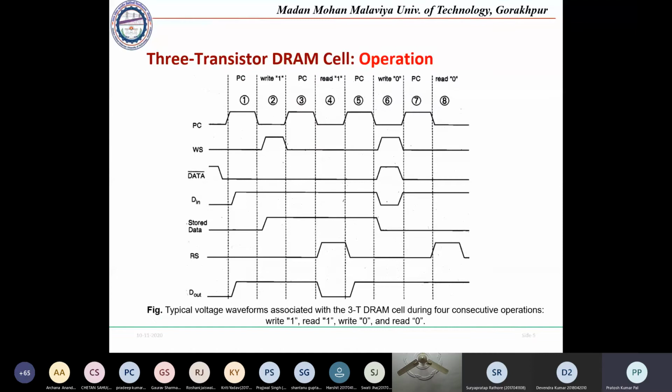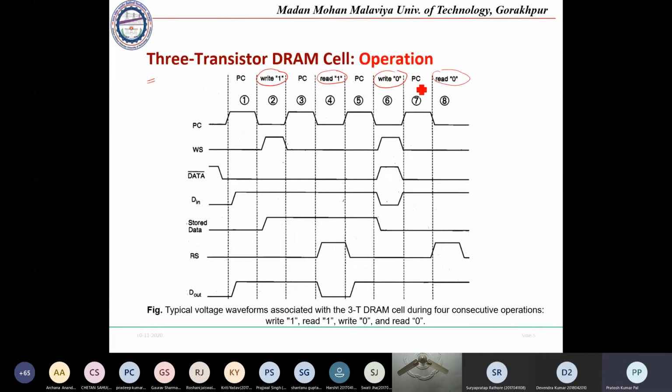This is the timing diagram, we can say the waveforms associated with the 3T dynamic RAM during different operations: writing the data, reading the data, then writing a 0, writing a 1, and reading a 0.